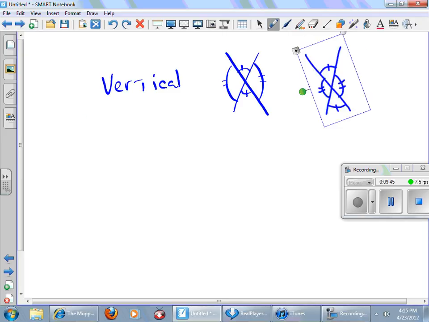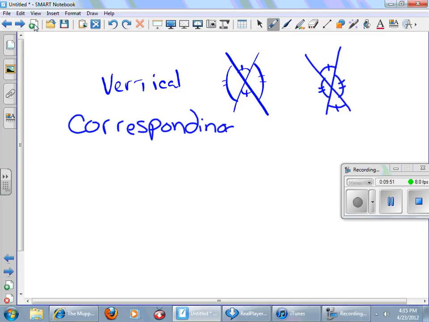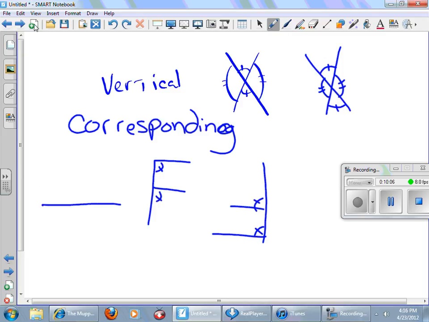Okay, I mentioned corresponding angles. Those are the ones that make an F. These two angles are the same if they're corresponding. The F could be upside down. It could be backwards. It could be upside down and backwards. It could be lying on its back looking at the stars. Those are the same. It doesn't matter.